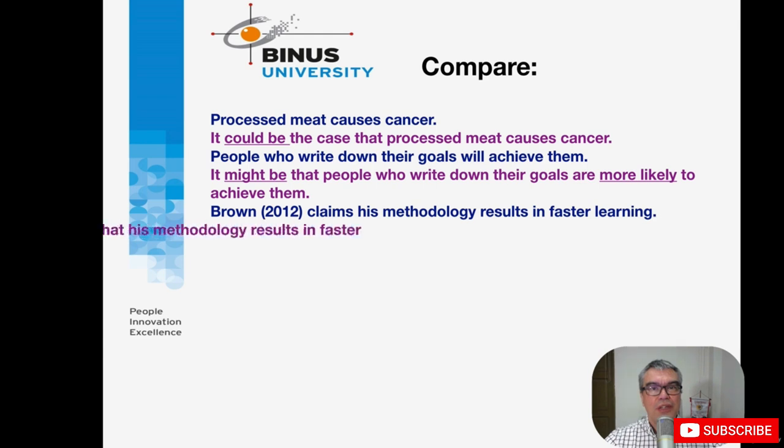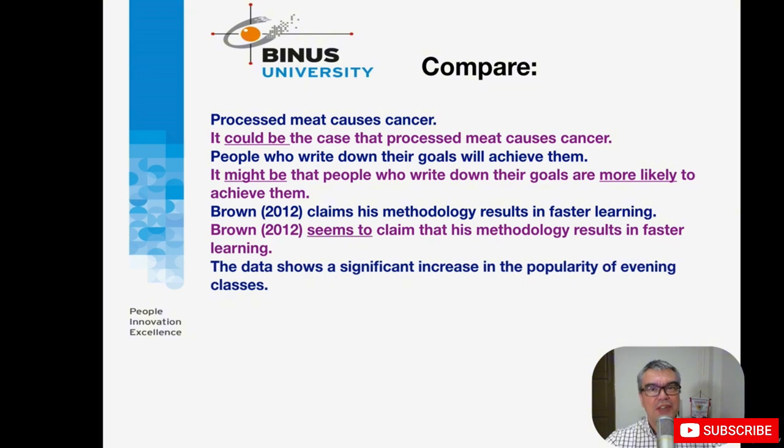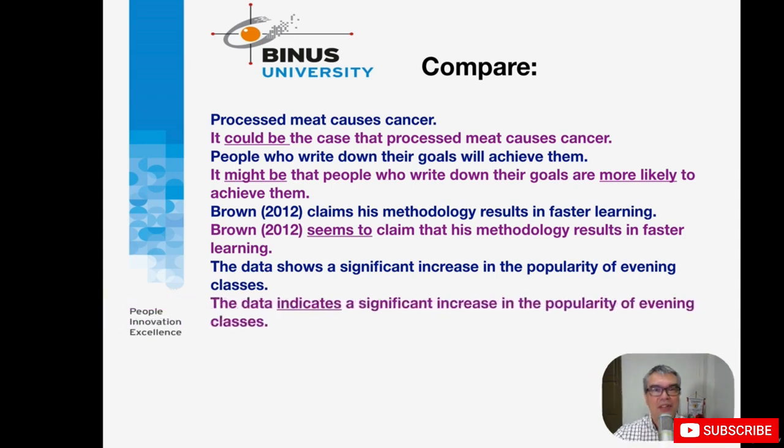And then using a hedging verb, Brown seems to claim that his methodology results in faster learning. The next one, the data shows a significant increase in the popularity of evening classes. And then with tentativeness, the data indicates a significant increase in the popularity of evening classes.